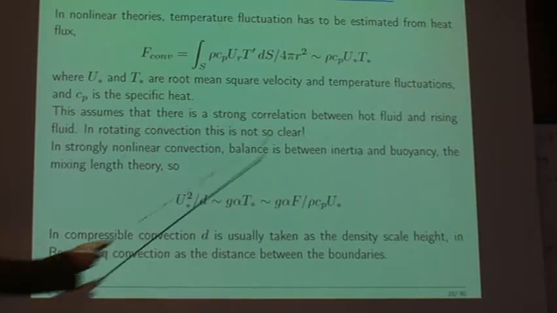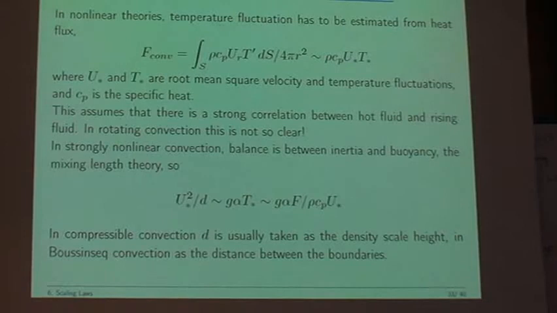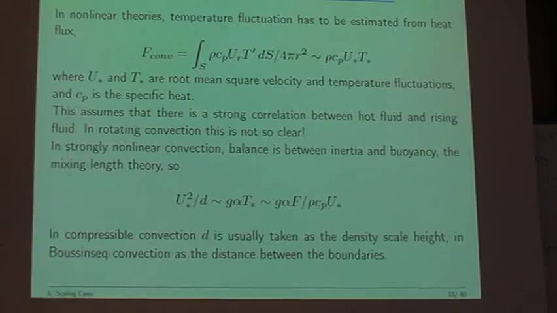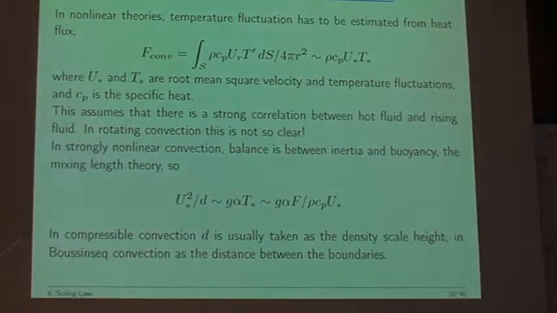So you can work out this, and the answer comes out to be something like 10 to the minus 4 of a degree centigrade. So typical temperature fluctuations in the core, as I mentioned before, are really, really tiny. It's so close to isothermal, it's unimaginable. But those tiny temperature differences are actually what's driving the whole thing, the whole dynamo. So that gives us an estimate of T star in terms of the convective heat flux.